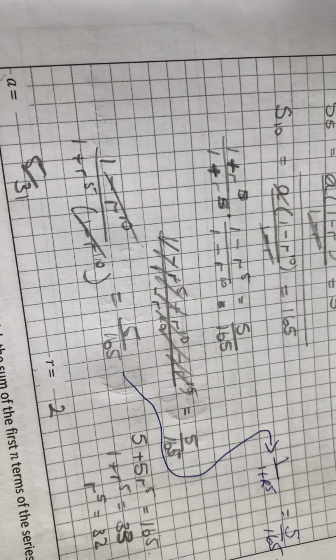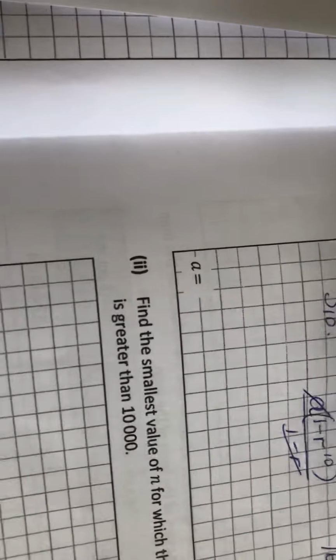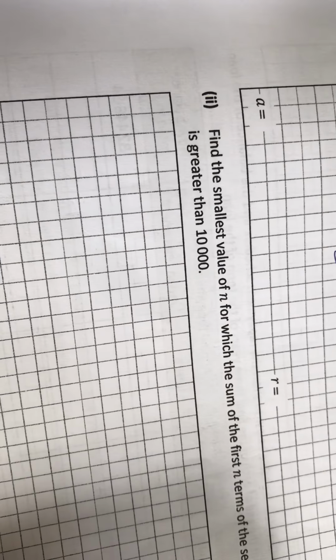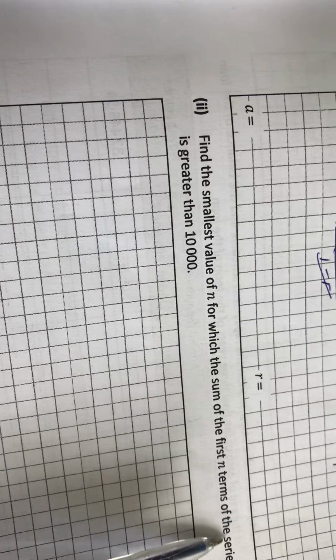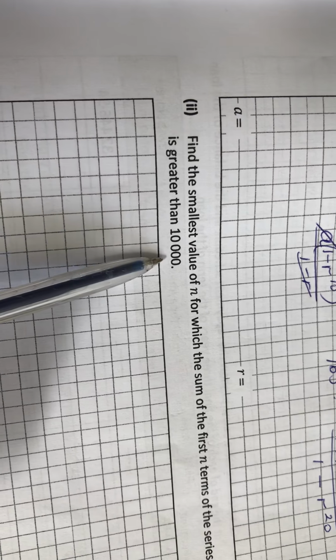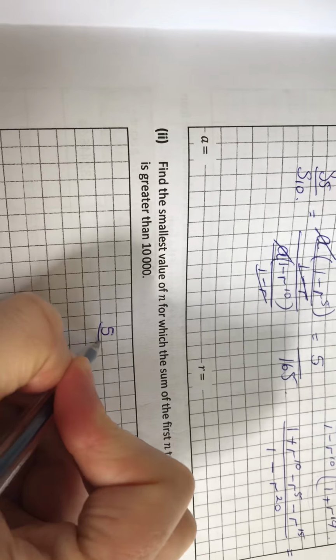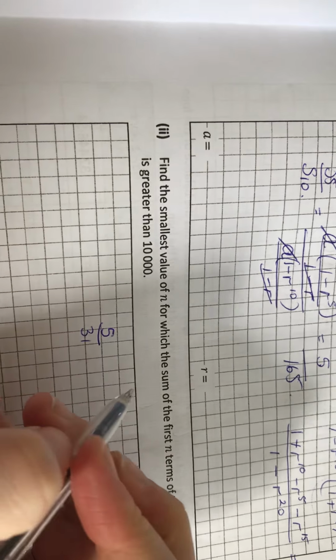And then the next bit is find the smallest value of n for which the sum of the first n terms of the series is greater than 10,000. So a is my first term. I found out that that's 5 over 31.